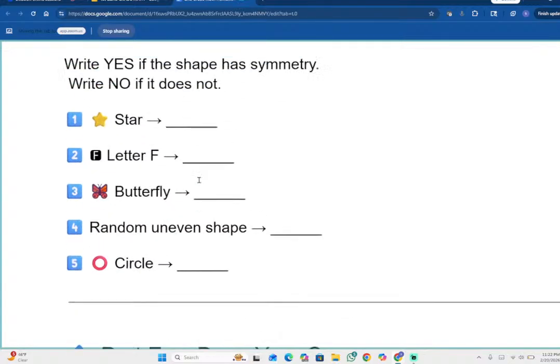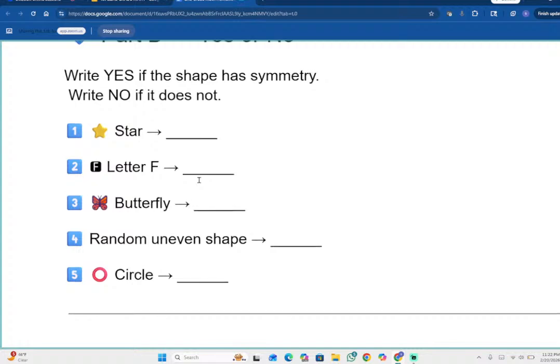So we can do this one as well, and then we can end the class. So write yes if the shape has symmetry, write no if it does not. So a star. Does a star have symmetry?